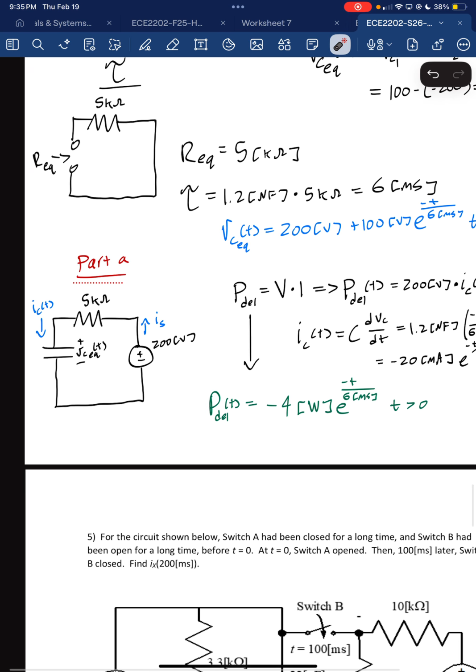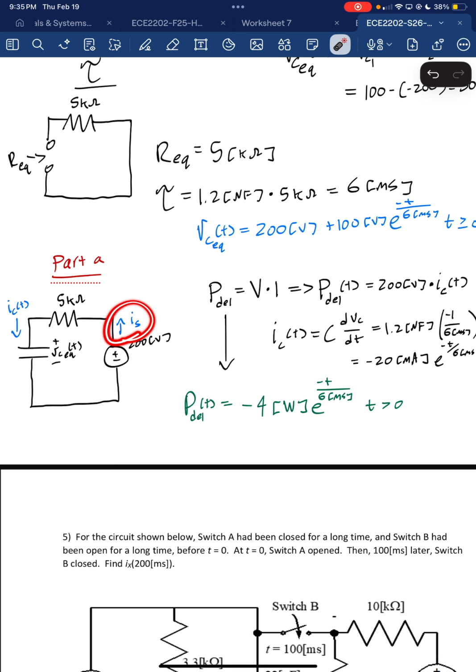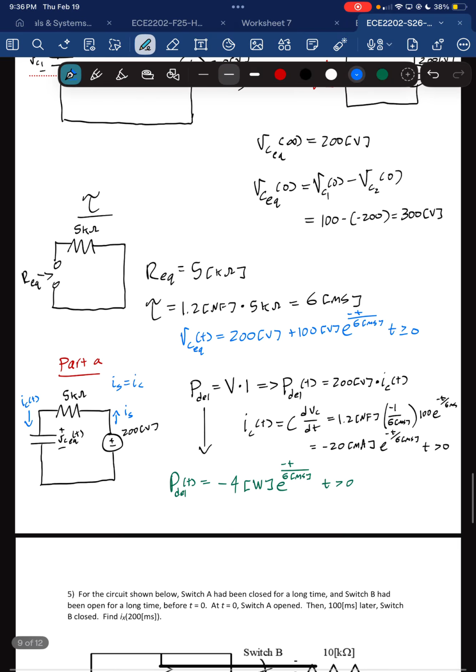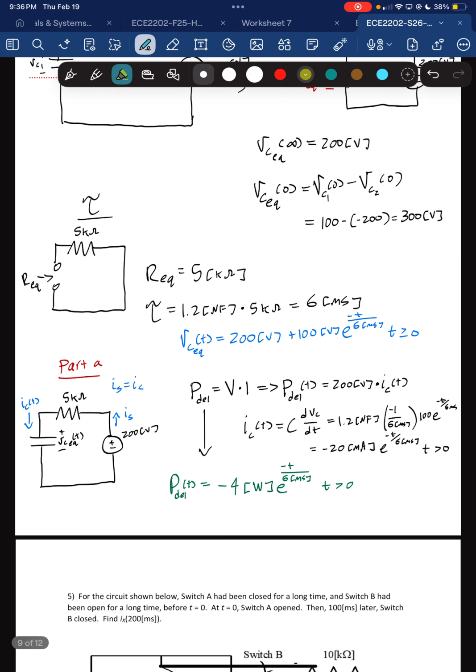What we also noticed is that this current Is is the same current that is entering the positive terminal of a capacitor, so we can say that Is is equal to Ic. So yeah, that's what's going on there. And all right, that's part A.